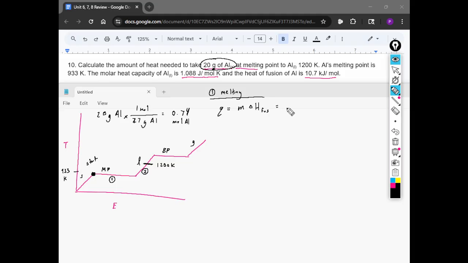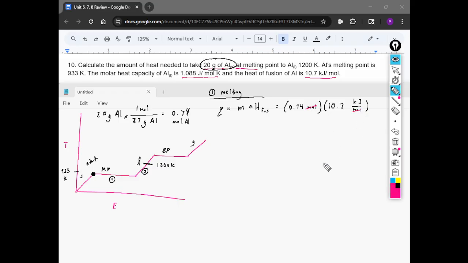So for the melting portion, we're going to take our 0.74 moles of aluminum. We're going to multiply it by the heat of fusion, which is 10.7 kilojoules per mole. And as you can see, the units of measurement will cancel each other out.